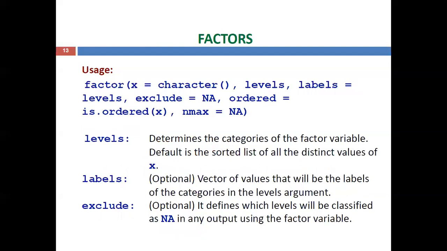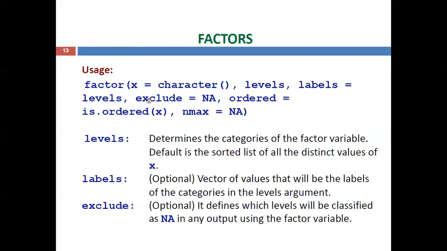Then coming to the usage of factor with all arguments. This is the complete syntax of factor. Factor within parentheses, first x equal to character function, then the second argument contains levels, then the third argument contains labels, where labels are named with levels only, labels equal to levels.